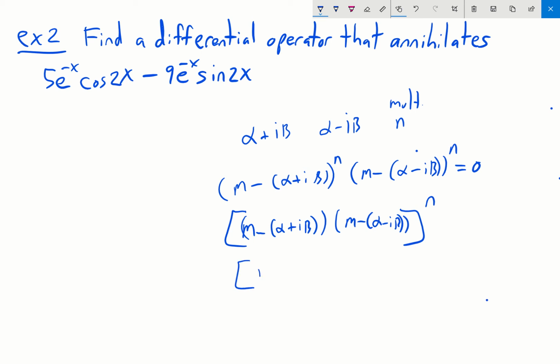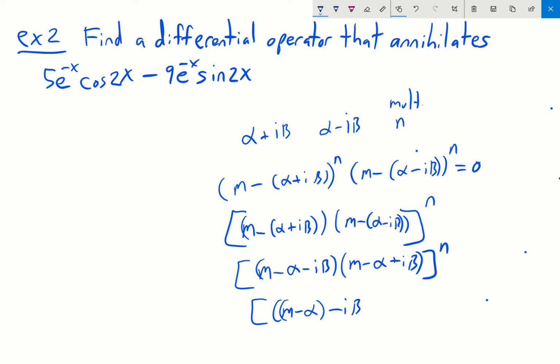I can distribute the negative sign in: m minus alpha minus i beta, m minus alpha plus i beta, and then associate the real parts together. This is m minus alpha minus i beta times m minus alpha plus i beta.